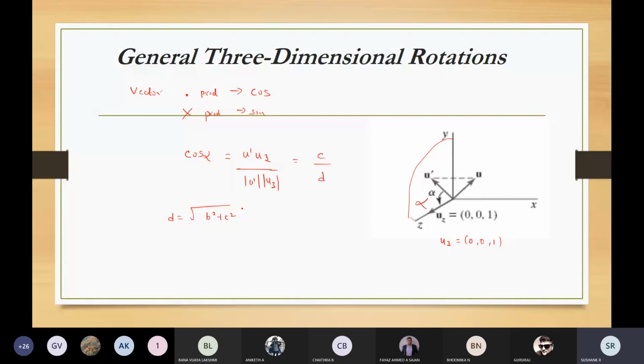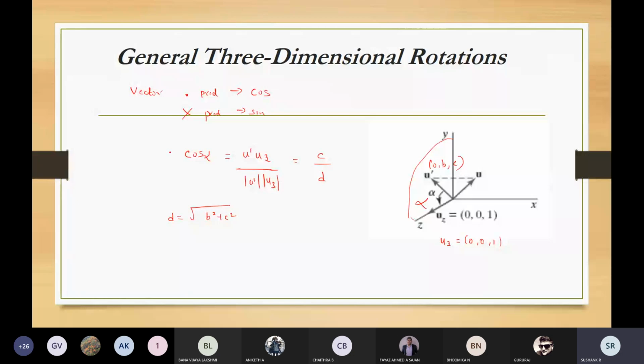So if this u was in the yz plane, which was represented by the vector 0, B, C, where the X component is 0, then we were able to determine cos alpha, which is given by u dash dot uz divided by their magnitudes, which is equal to c by d, where d is the magnitude calculated by the square root of b square plus c square.